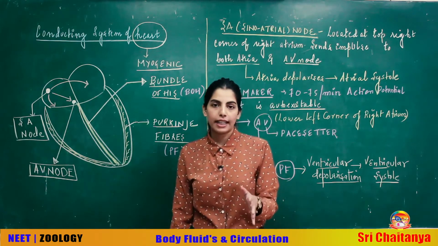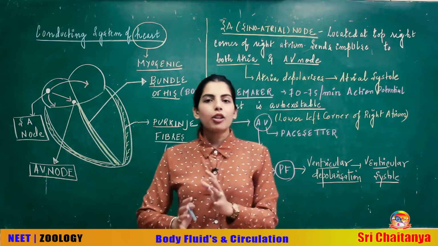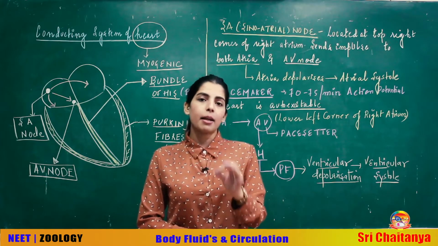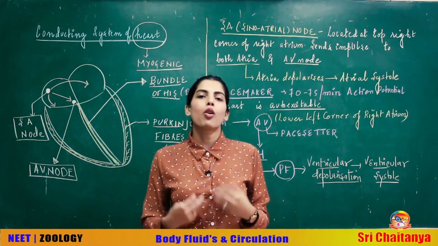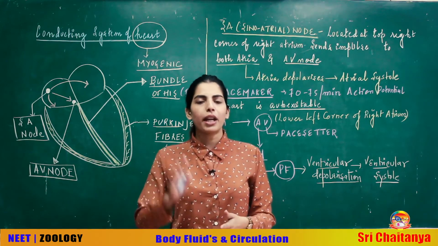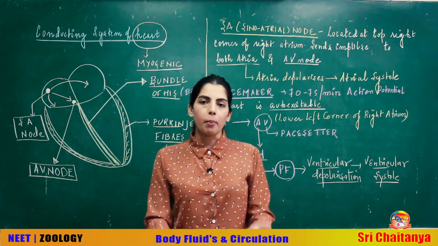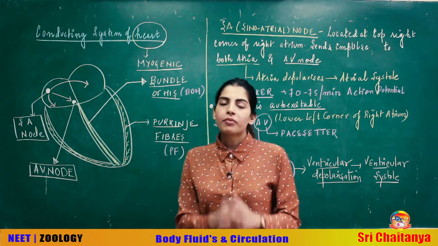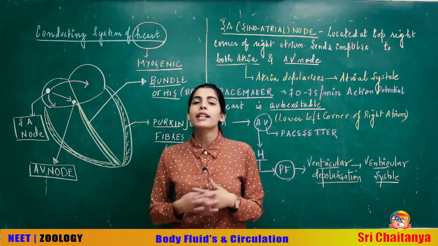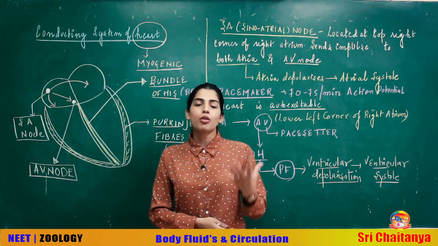It's not neurogenic, it's myogenic. When you say your heart is myogenic, that means the heart itself has the ability to generate its own action potential. You don't need any signal from your brain to initiate that impulse. And yes, it is true that the human heart is myogenic because it is auto-excitable. It can generate its own action potential.